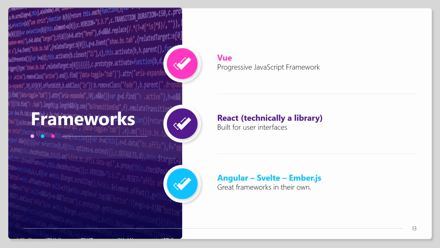Frameworks. So this is probably what you guys hear from me. I talk a lot about it. So I think really this year, and this was really solidified by the State of JavaScript 2019 survey that just came out, these are the three most popular frameworks. Vue, which is called the Progressive JavaScript Framework, which I think is one of the simplest and easiest to start out with if you're looking to jump into JavaScript and frameworks.